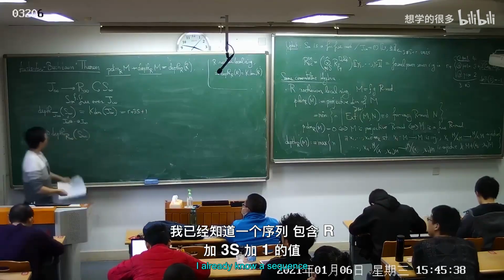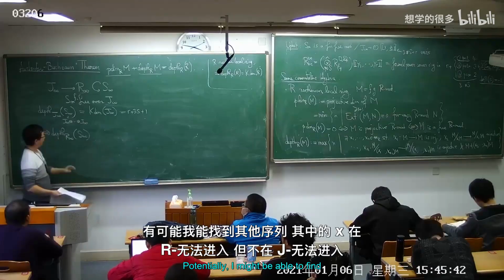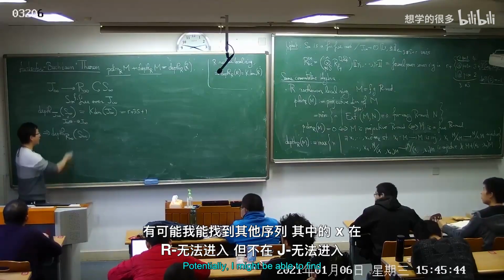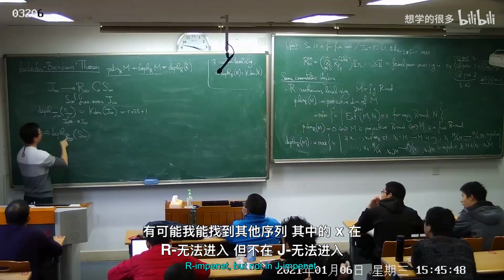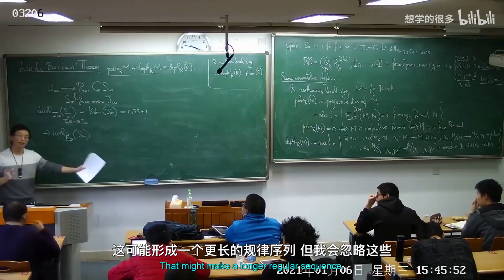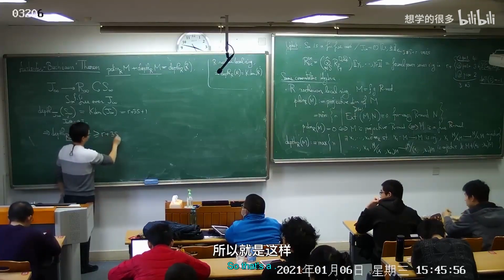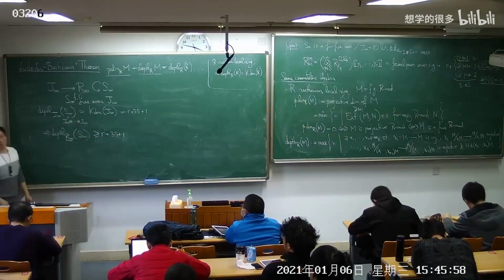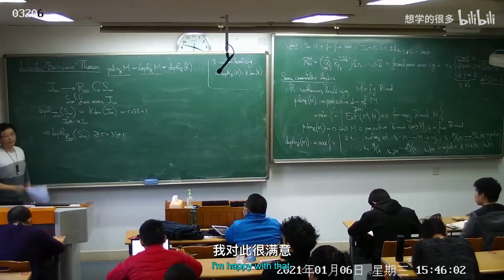I already know a sequence where the length is R plus 3s plus 1. Potentially, I might be able to find other sequences where these xi's are in R infinity but not in J infinity. That might make a longer regular sequence, but I'm going to ignore those. So that's at least that much. Okay, I already have a sequence which has that length. I'm happy with that.